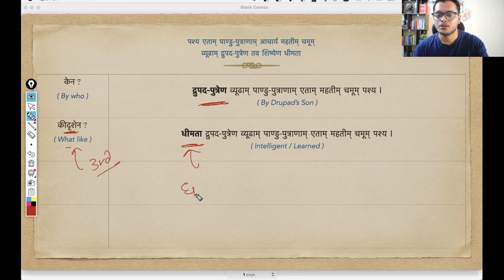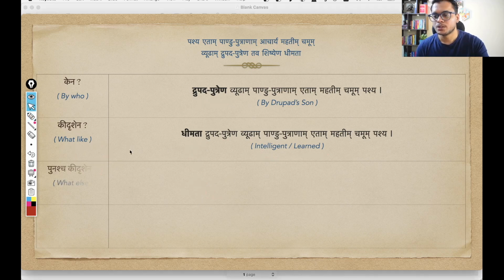This comes from the base word Dhimat, and Dhimat means intelligent or learned, someone who is very intelligent or very learned. We are saying Drupad Putren was very intelligent and learned. So the army was arranged in formation by whom? By Drupad Putren. How was he? He was Dhimat, intelligent, learned.